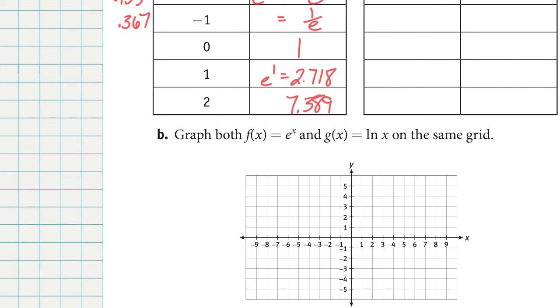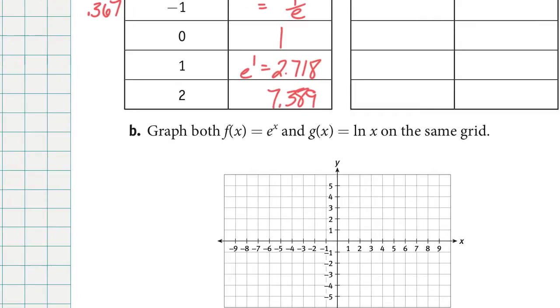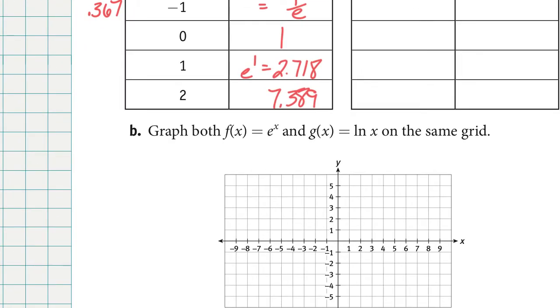Now, these are the ones that are a little tougher because we're dealing with irrational numbers. So we're going to pick one for sure, and that is going to be the value 1, 0.